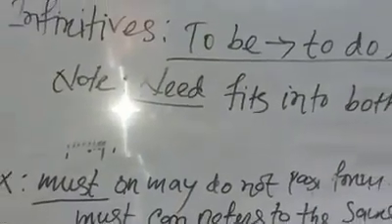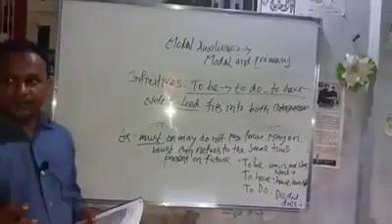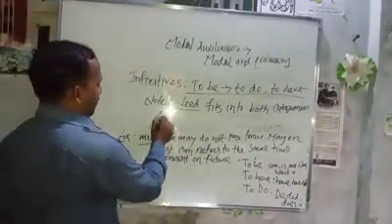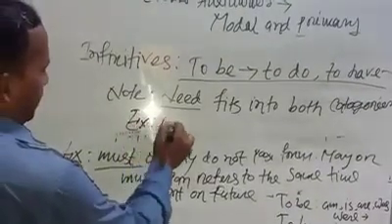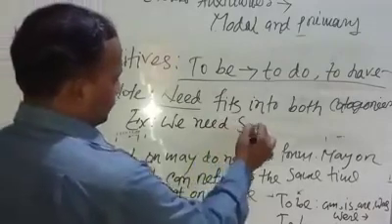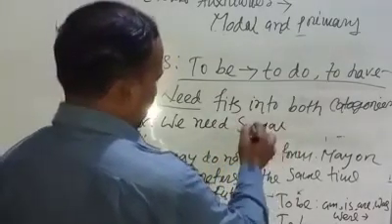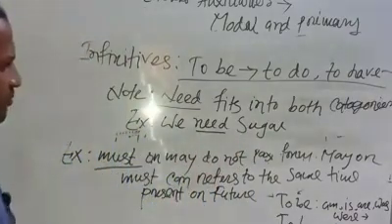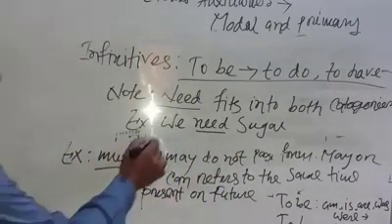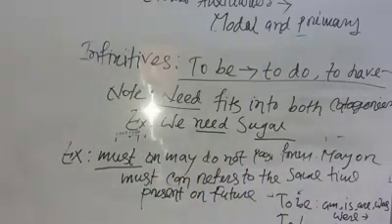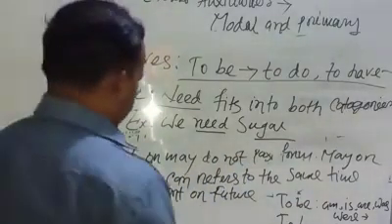We need, as I have also given the examples: we need sugar. Here is this need. It fits into both categories, with subject and object, sugar. Look at that: he needs rest.